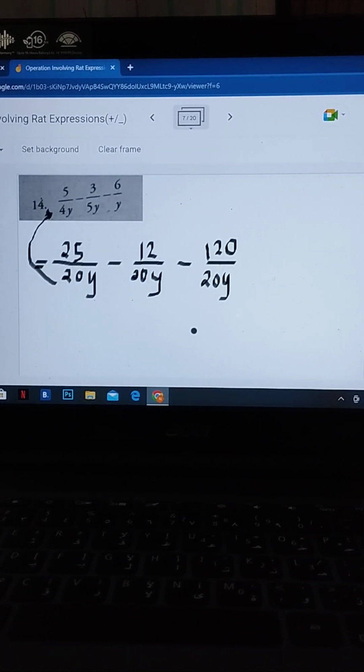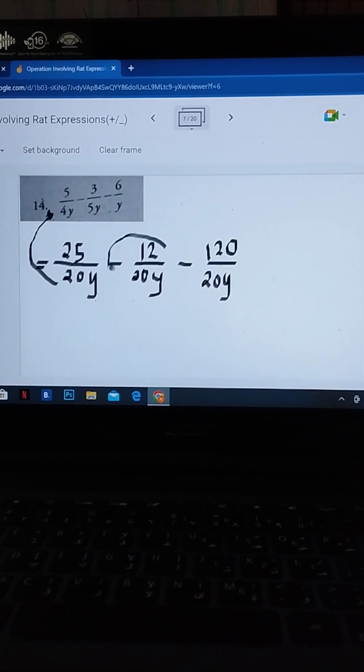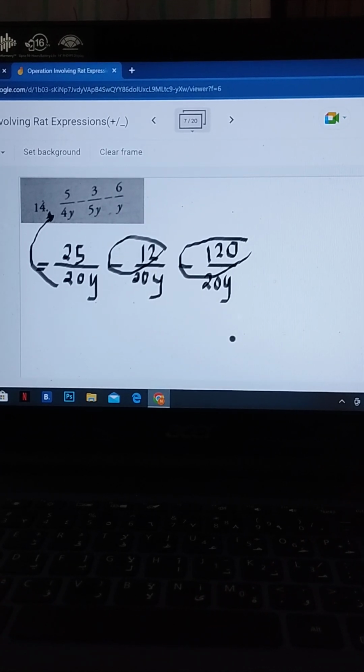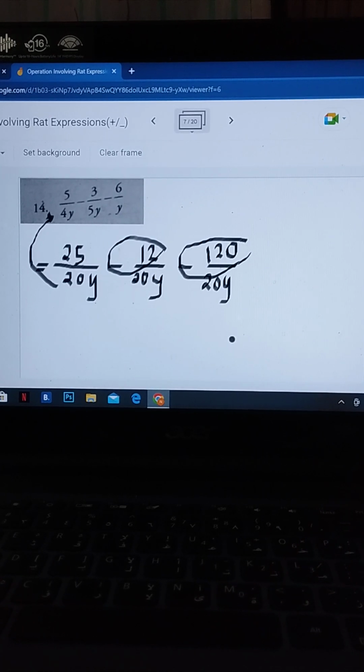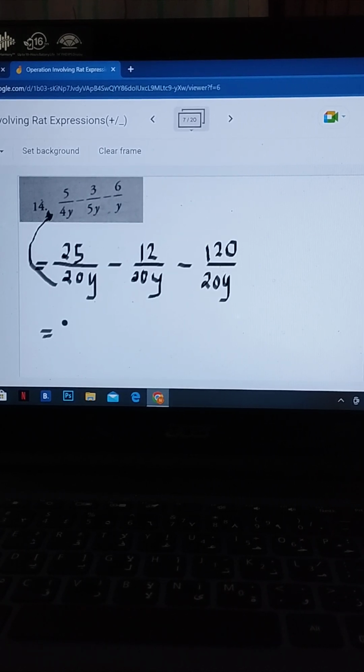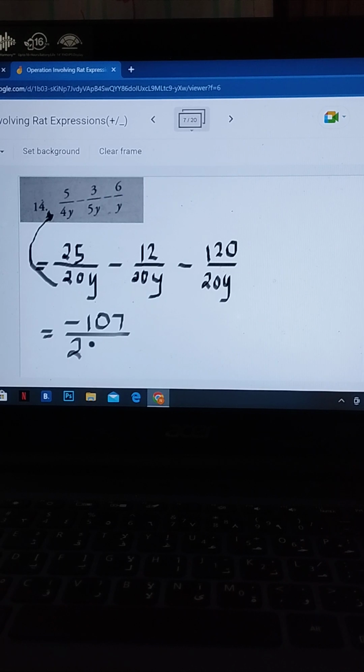Okay, so this one is negative 12 and negative 120. Negative 120 plus 12, negative 132. 132 minus 25 is 107. So negative 107 all over 20y.